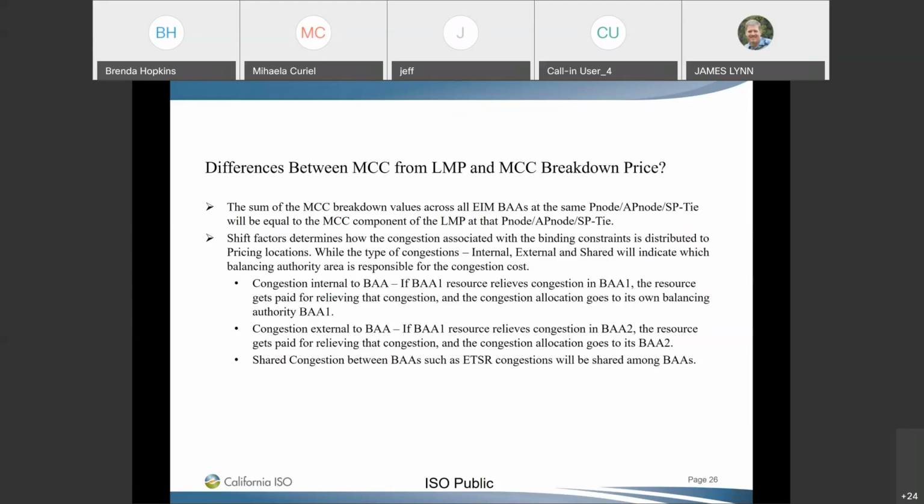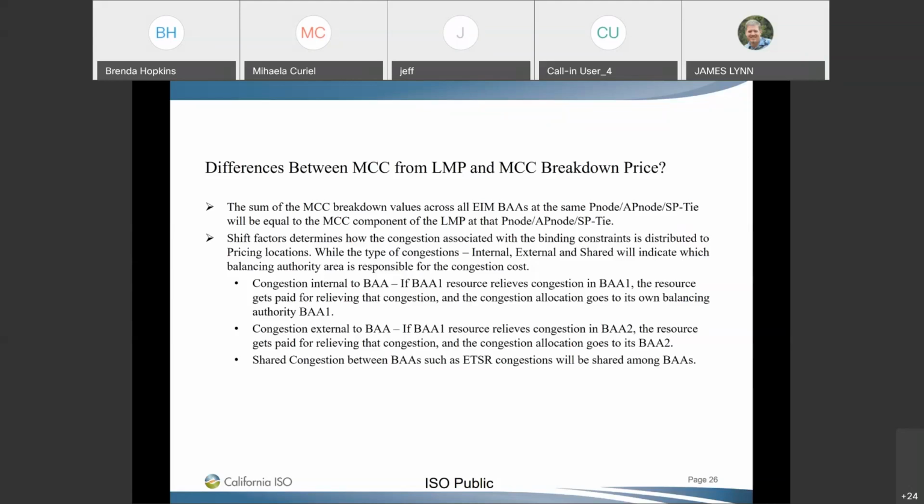If it is shared, let's say it's a shared cost between BANC and Turlock, TID, that would mean that the ETSR between your two areas is binding, and therefore every megawatt associated with that binding constraint is shared 50-50.